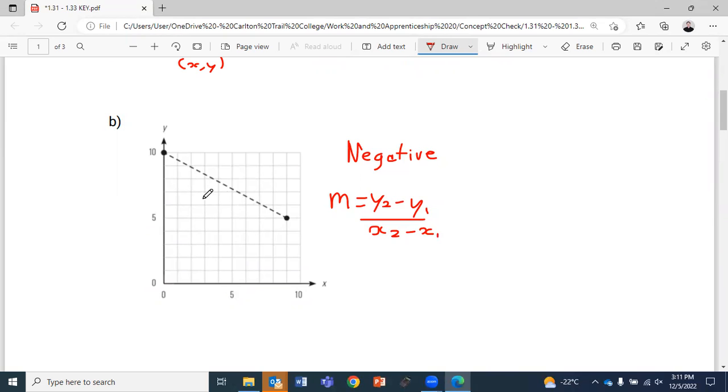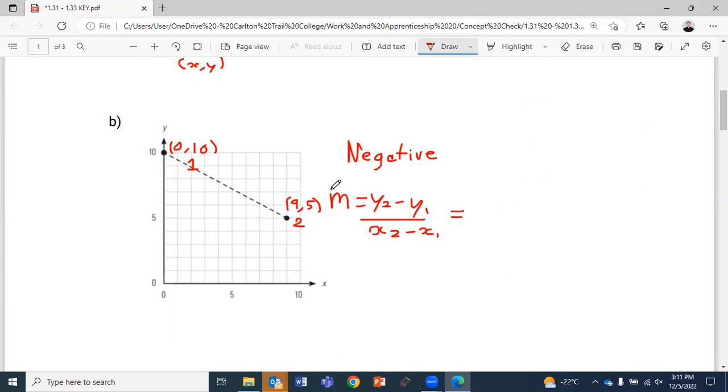First off, let's get our points here. I know this one over here is a 0 on the x and a 10 on the y. Let's label our points. This one over here is a 9 on the x and a 5 on the y. You read it from left to right. This is the first point we see on the left side, so that's 1. This is the second point we see as we go from left to right, so this is 2. Okay.